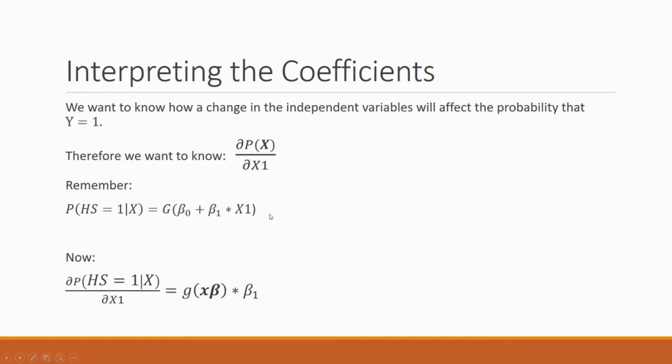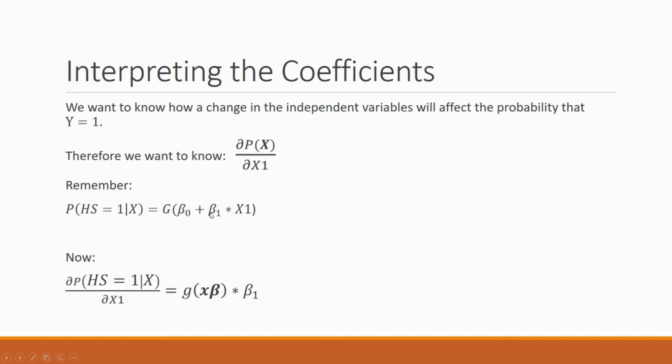We take the derivative of this with respect to x1, and we use the chain rule. We get the derivative of g, lowercase g, where lowercase g is the derivative of capital G, with this inside. So the lowercase g is a function of x beta, times beta 1. Watch my videos on derivatives to get a review of the chain rule to understand this derivative.